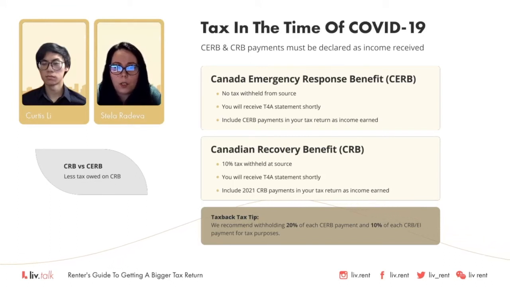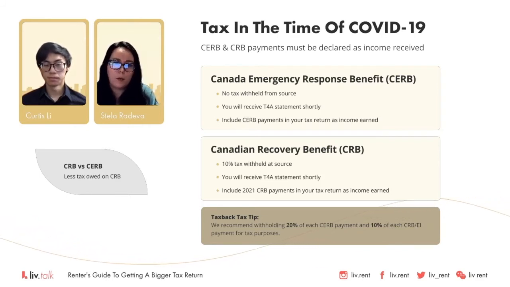Let's look at those closely. The CERB had no tax withheld, so you just received the full amount of the allowance. If you had such a payment, you will receive a T4A statement from the government, which you need to enclose with your tax return. The CERB should be reported as income earned on your 2021 tax return.